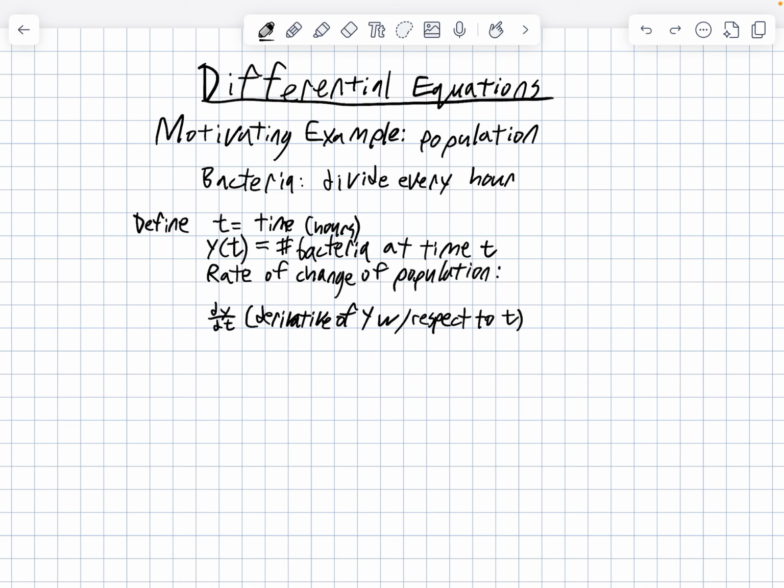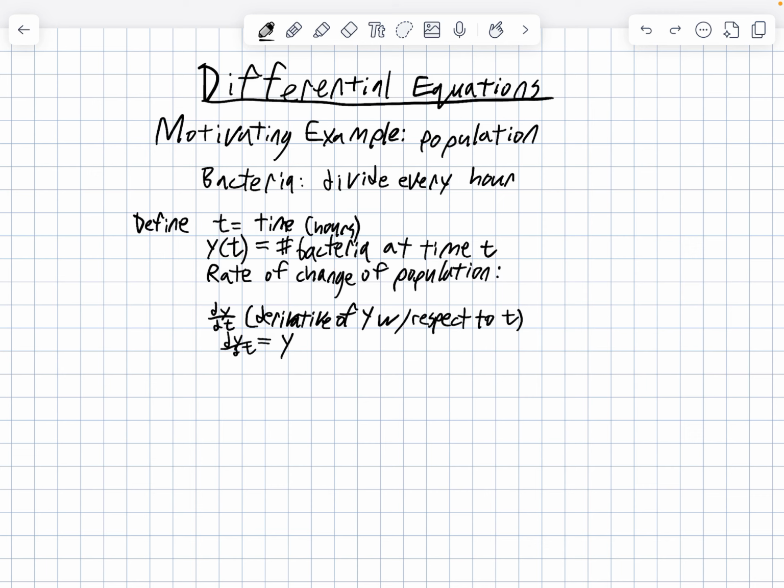And in this particular case, we can just say dy over dt, or derivative of y with respect to t, equals y. That is, the rate at which it's increasing will be equal to the number of bacteria we have. Again, a bit of a simplification, but we're keeping things simple here. And that is a differential equation.